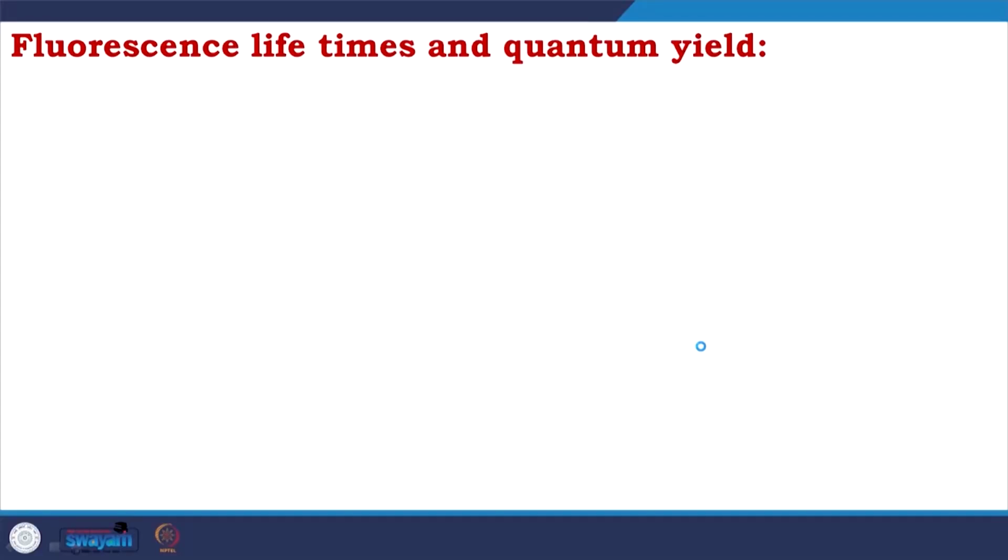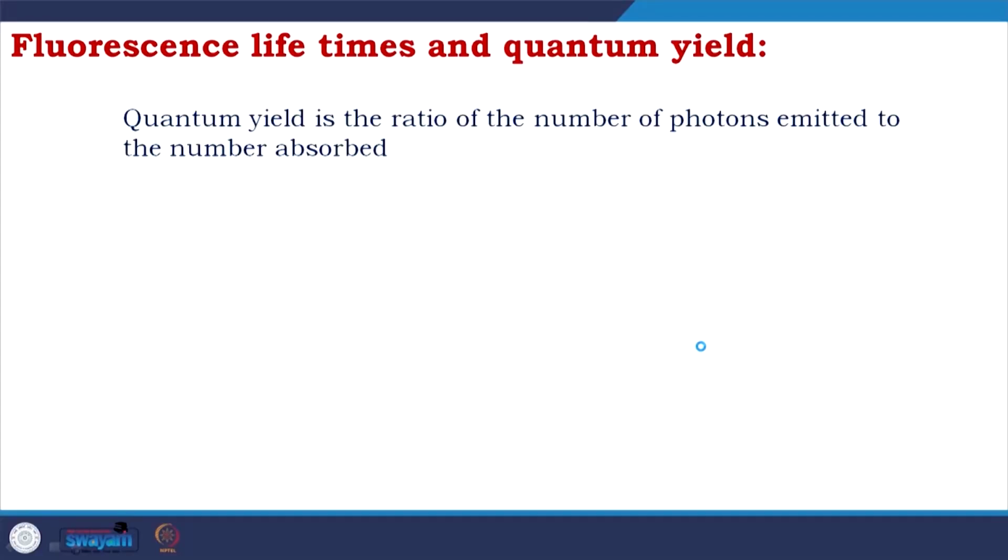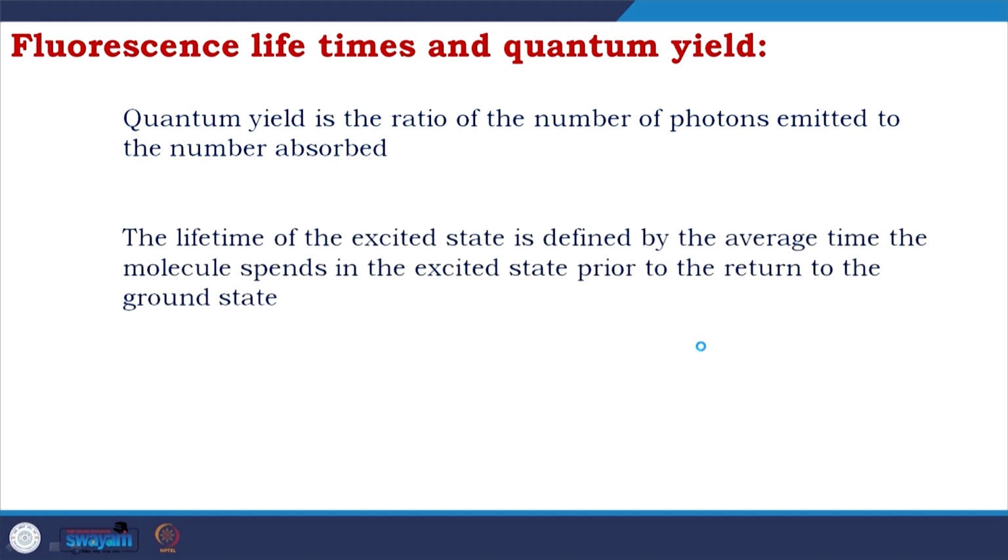Fluorescence lifetime and quantum yield. Quantum yield is the ratio of the number of photons emitted to the number absorbed, as I told. The lifetime of the excited state is defined by the average time the molecule spends in the excited state prior to the return to the ground state.